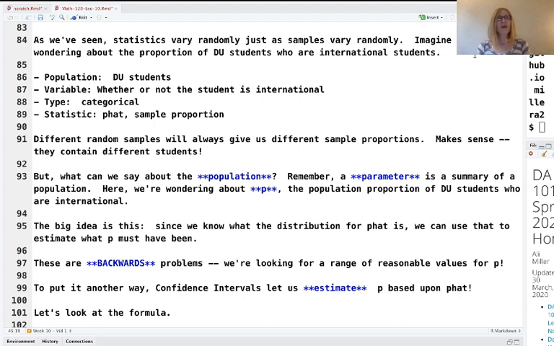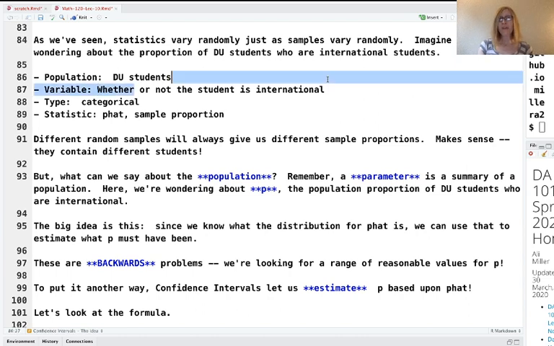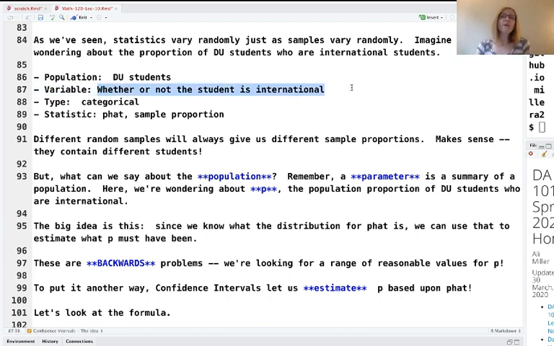Imagine, for example, that we're talking about the proportion of Denison students who are international students. Now, keep in mind, this is a categorical variable. That's why we're doing the proportion for this one. Population in question: all Denison students. The variable that we'd be wondering about for this particular example is whether or not a particular student is an international student. Again, that's a categorical variable.